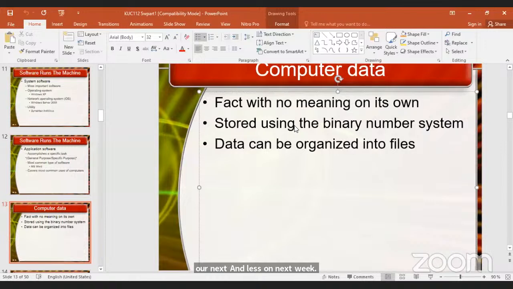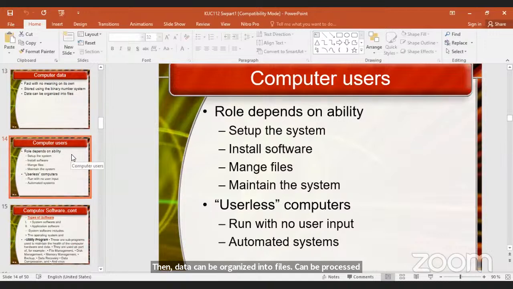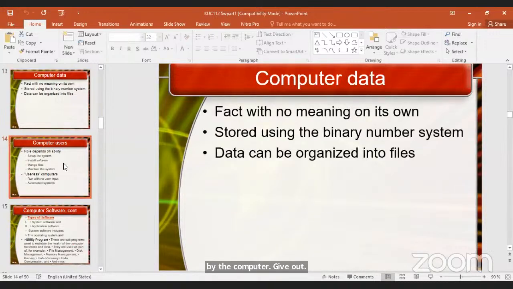Then data can be organized into files, then be processed by the computer to give out meaningful information.